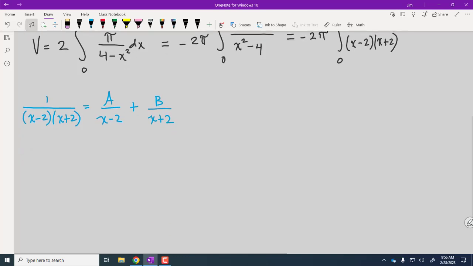And we'll go with the same procedure we've been going. Multiply both sides by the left denominator. And if you multiply both sides by the left denominator, you get a cancellation on the right with each fraction.